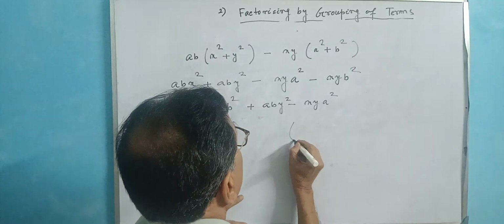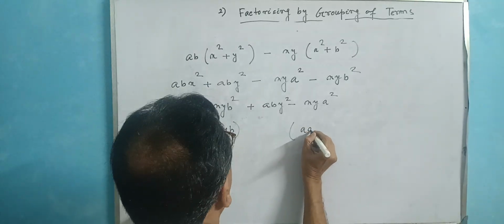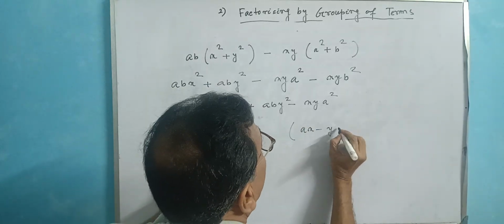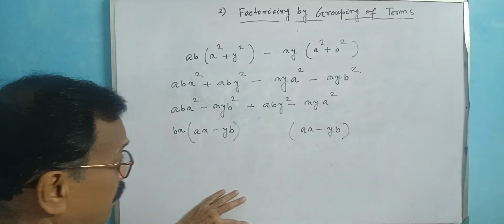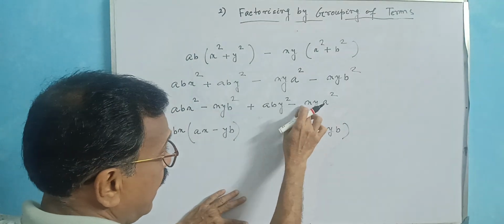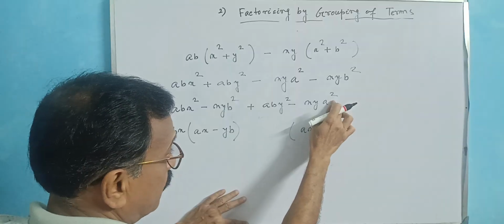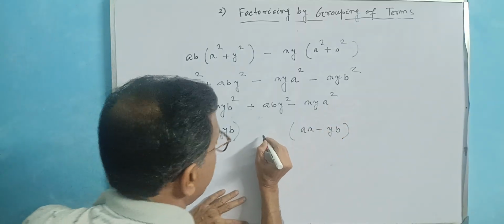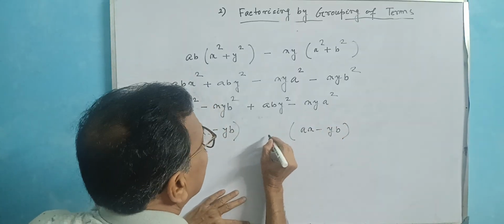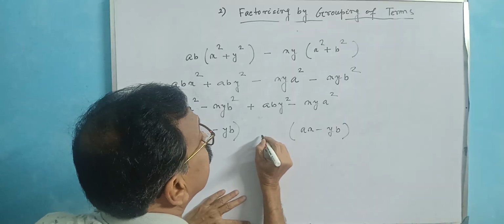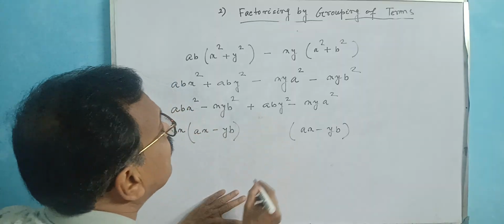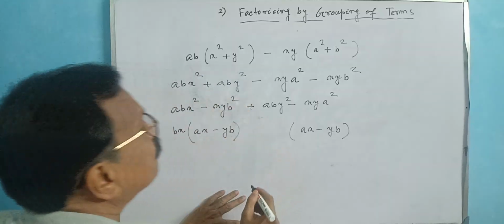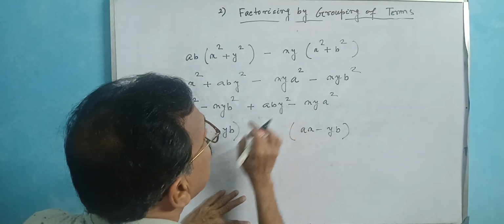So you write in this way. Here is also ax minus yb. You write already. Now here is ax, here square. So here you just take common in this way. This is minus. Okay. So yb.